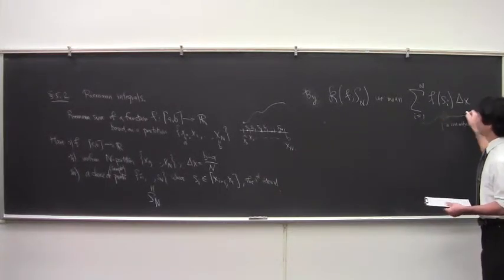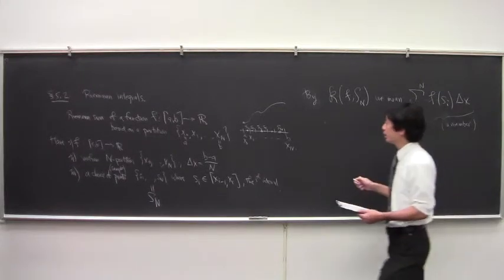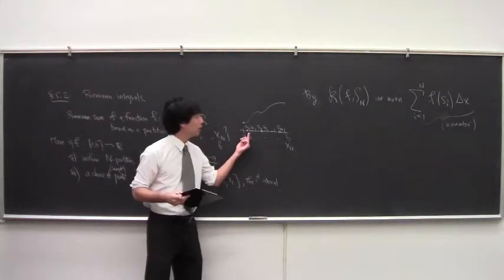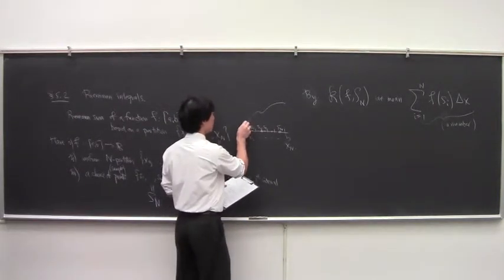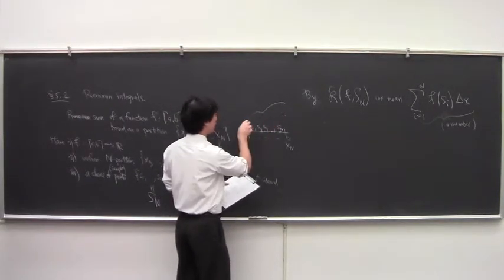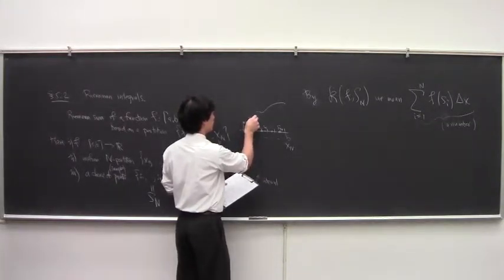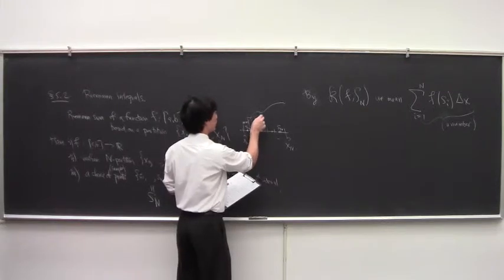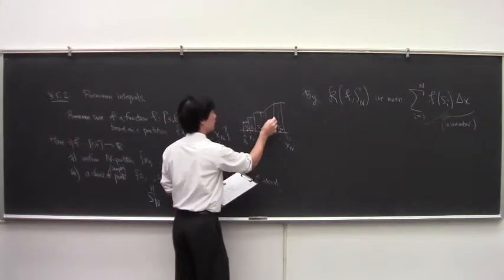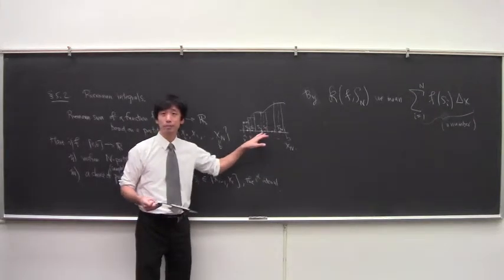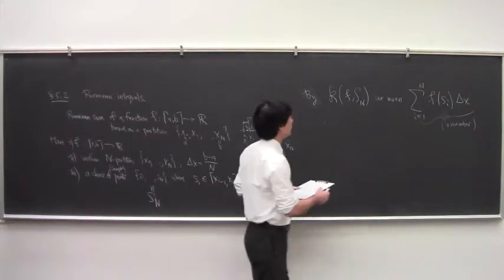This is some number that you get by taking the function and evaluating it at the sample point, and you multiply that by the width of the interval. Sample point, width of interval, sample point, width of interval. Geometrically, what you're doing is getting the sum of the areas of these rectangles.